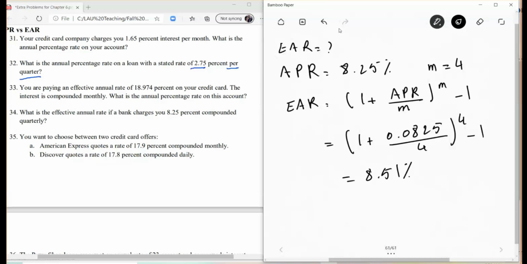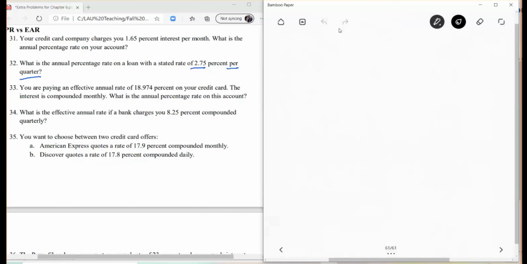So mainly, as you did see, in the questions about APR and EAR, you will be directly asked to compute either EAR or APR. The second type of problems where EAR is to be computed is when you need to compare between two different alternatives, or mainly more than one alternative.